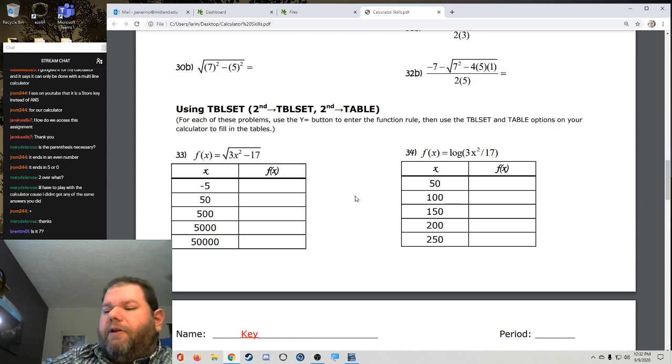Let me make up an example for us. I'll let f of x equal square root of x squared plus 5, and I'll pick some numbers for us. 0, 10, 100, 1000.